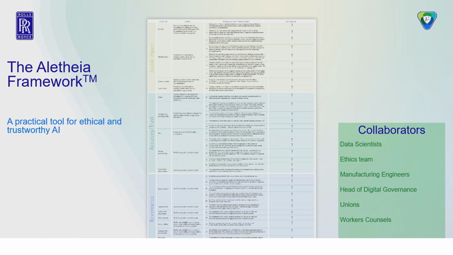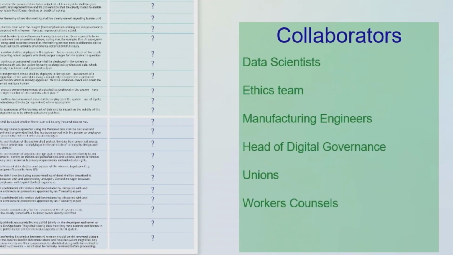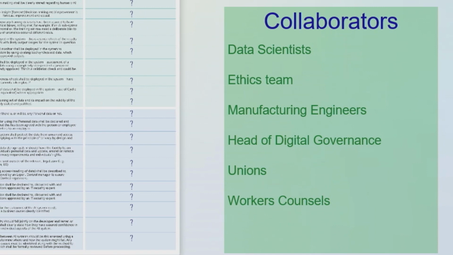So Rolls Royce created the Aletheia framework. Rolls Royce collaborated with various groups, specifically data scientists, ethics teams, manufacturing, engineers, head of digital governance, unions, and workers' councils. The framework is appealing to large groups of their employees, the young and the older groups, because in the older groups, they were including everyone, the unions, the councils, everyone.